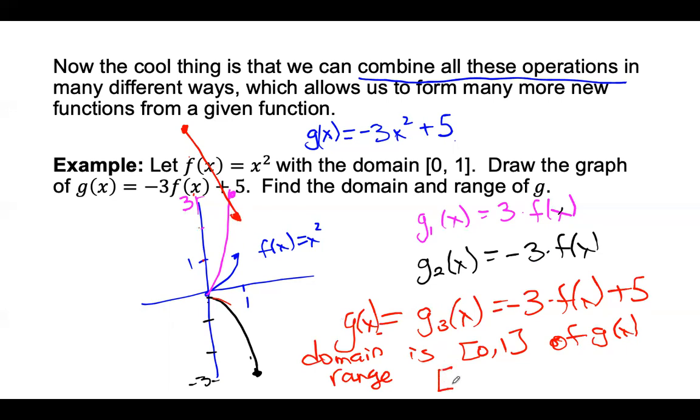Well, I'll tell you. It goes from 2 to 5. You see here it got shifted up 5 units, so it goes to 5. This is our 5. Down here, this would be our 2. And you can see 1, 2, 3, 4, 5, so you can count. Hope that makes sense.